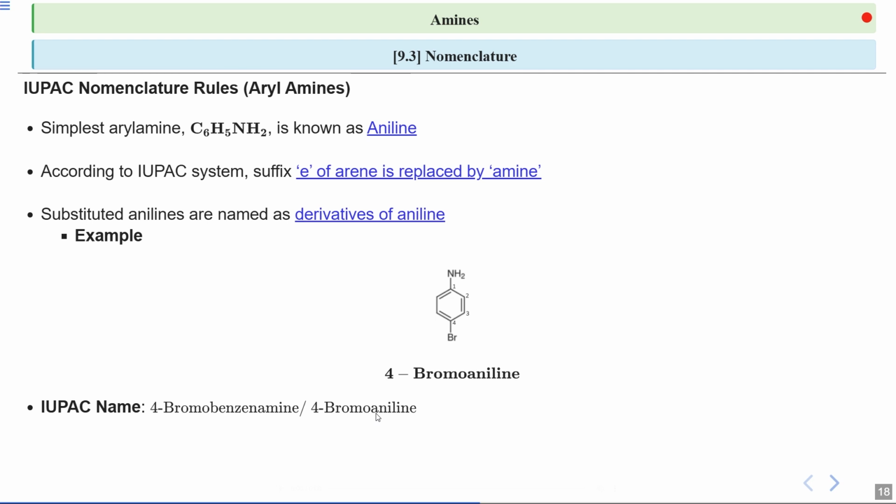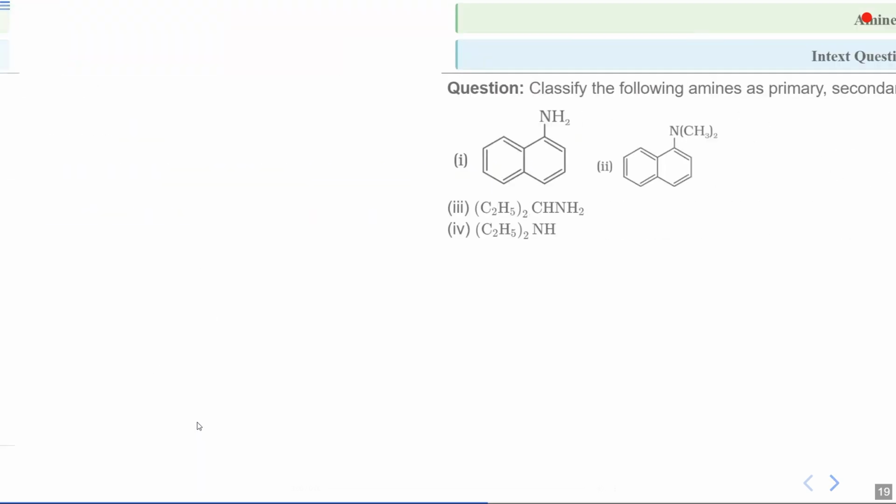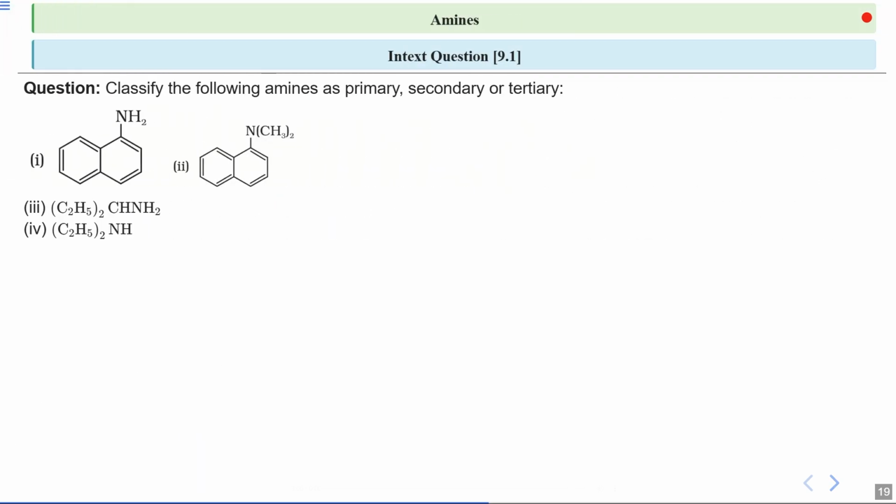If I talk about the common name, it will be para-bromoaniline, because Br is para to the NH2 group.